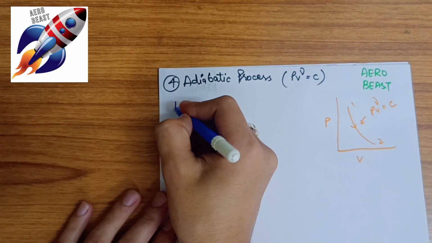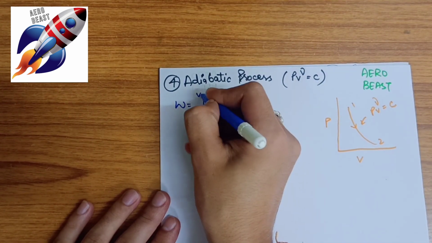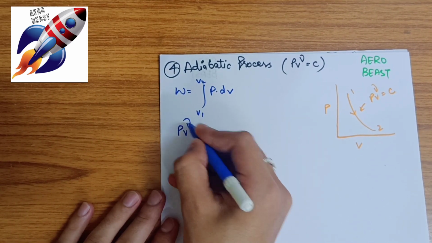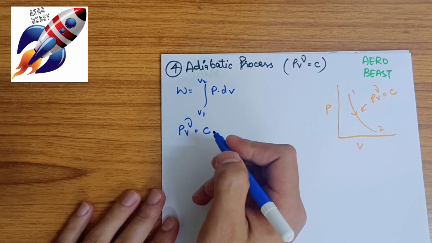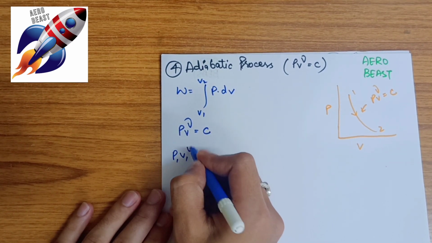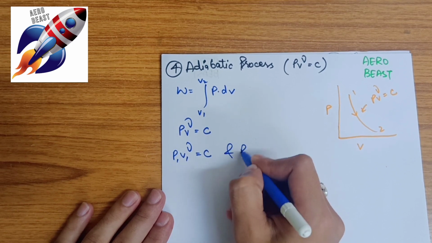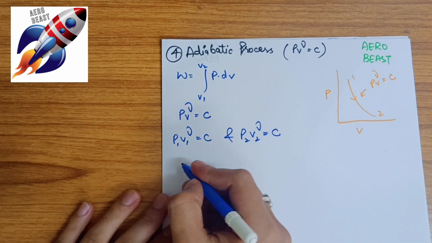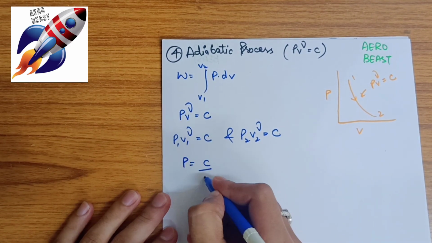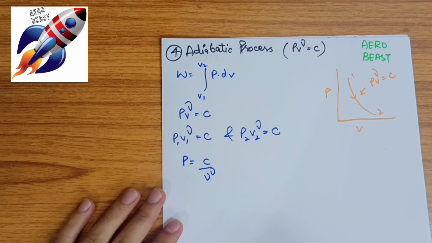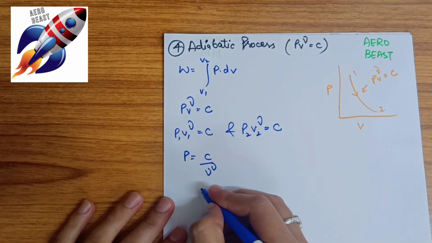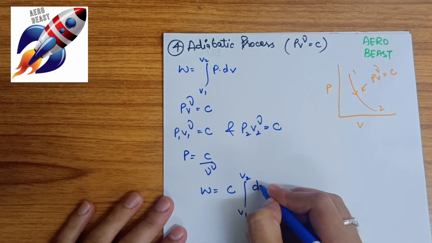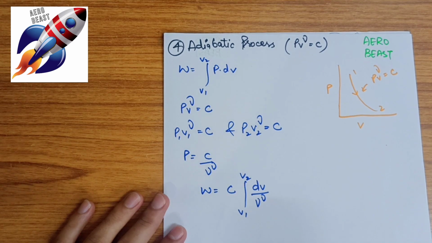So work done W is equal to the integral from V1 to V2 of P dV, and P1 V1^γ is equal to constant, and P2 V2^γ is equal to constant. So P is equal to C upon V^γ. Therefore W is equal to C times the integral from V1 to V2 of dV upon V to the power γ.